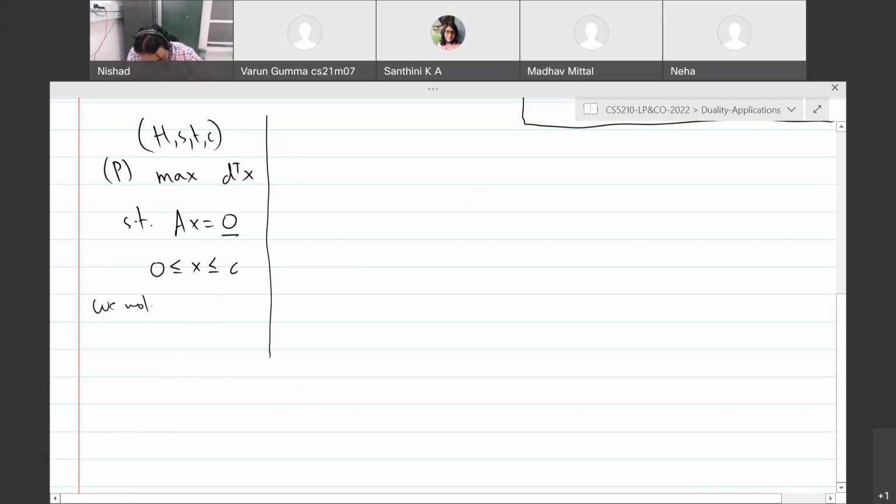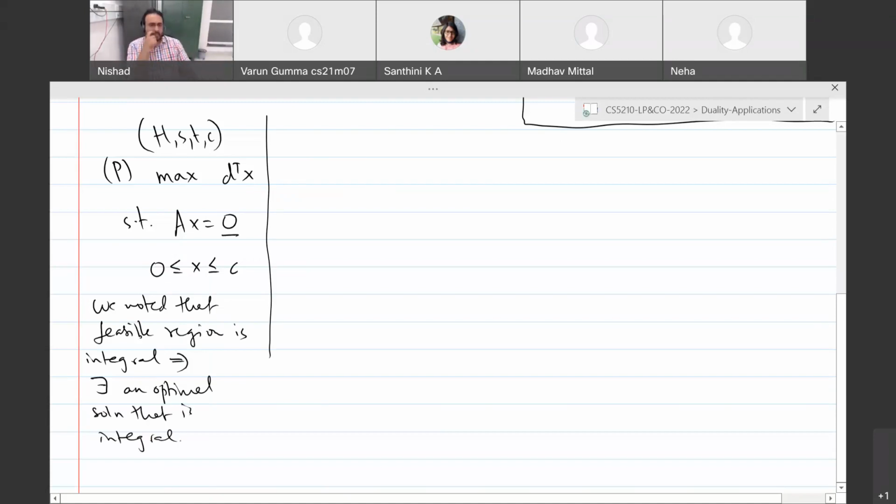We noted that the feasible region is integral, which implies there exists an optimal solution that is integral. All right.